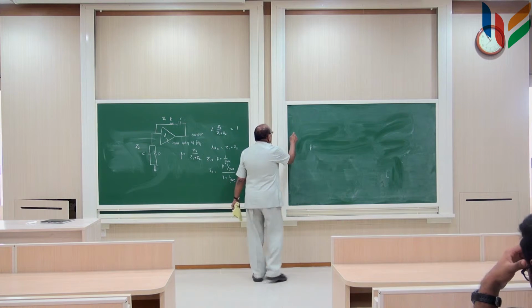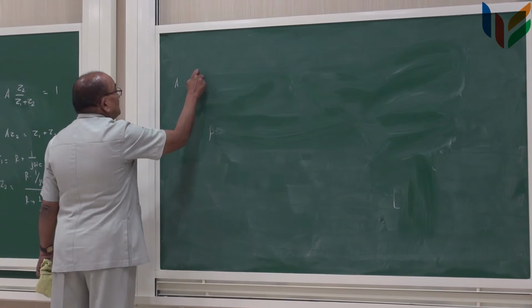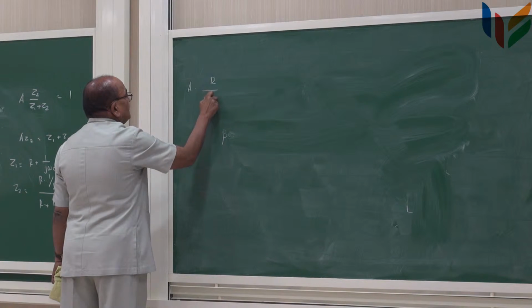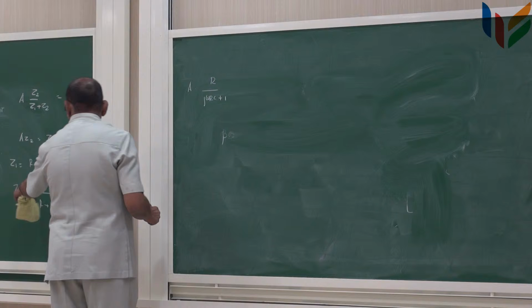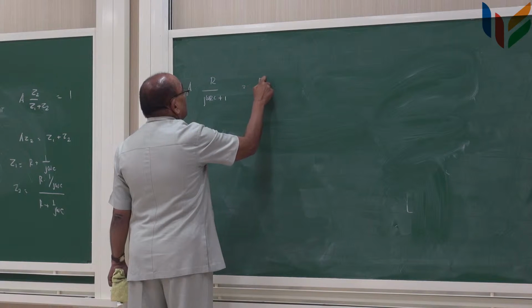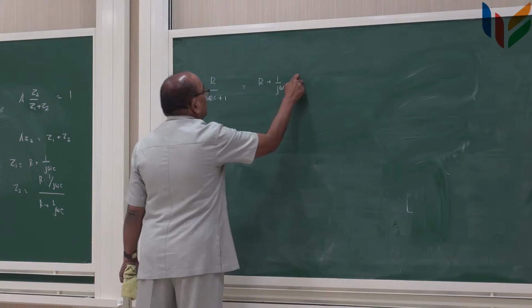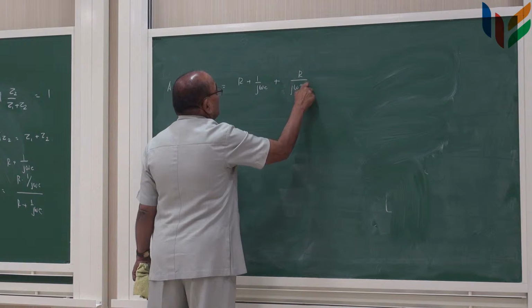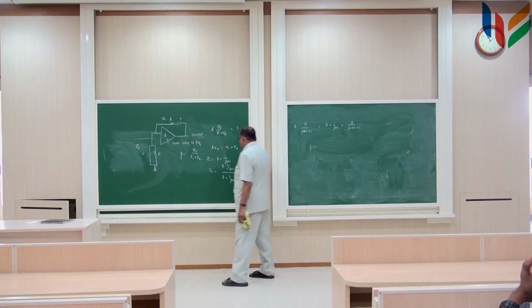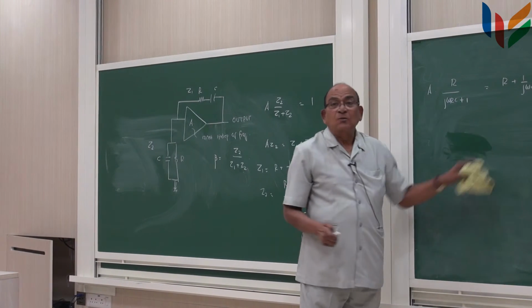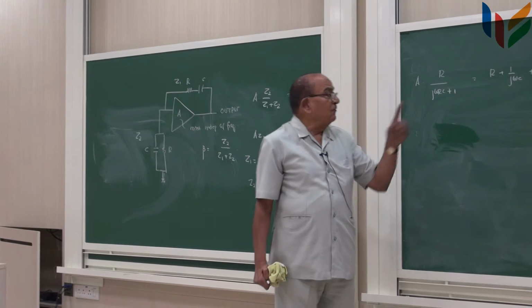So A Z2 will be equal to A into that, and this circuit will now oscillate at the frequency where this is met.